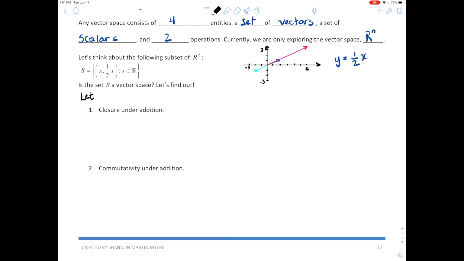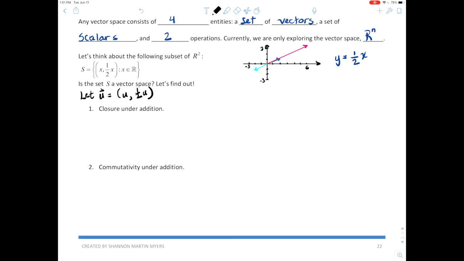So we'll let u equal to u, comma, 1/2 u. We don't need to use numeric subscripts, right? Because if we name them different letters, the second component is in terms of the first.